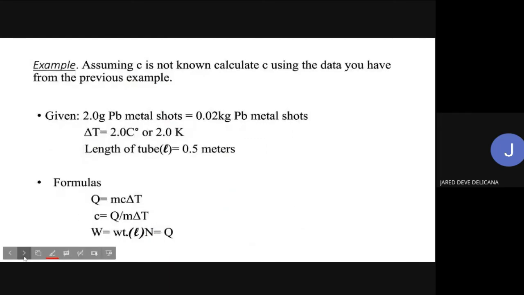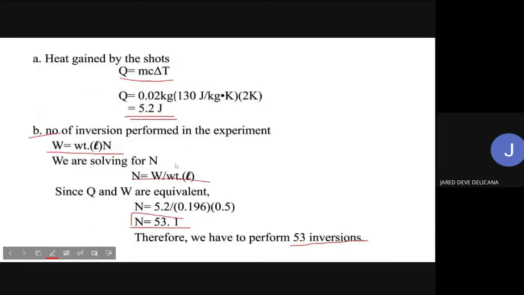Now I actually include here an inverted version of our previous example, because we are really calculating for C. But it would be very difficult for me to determine the number of inversions here, since we are not able to do this in a face-to-face experiment.